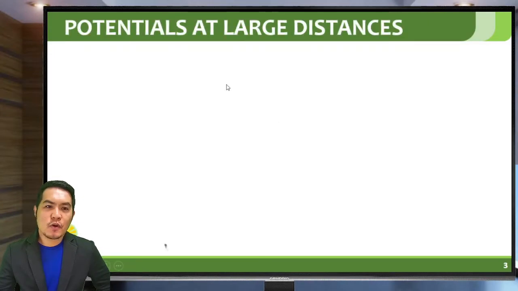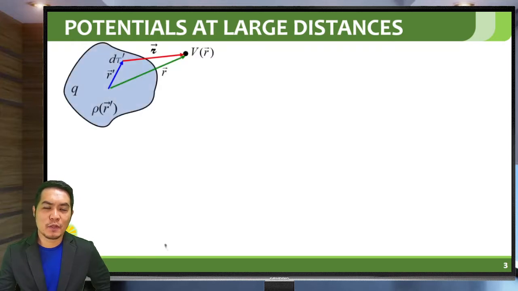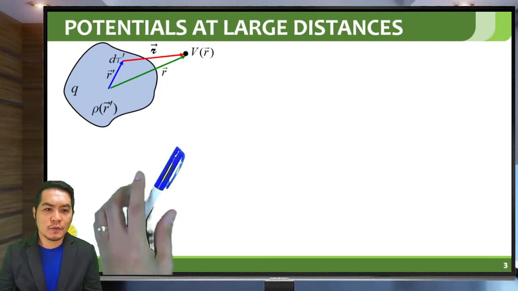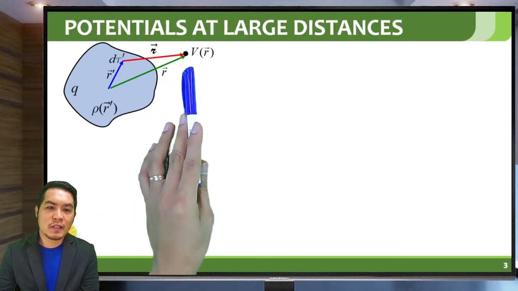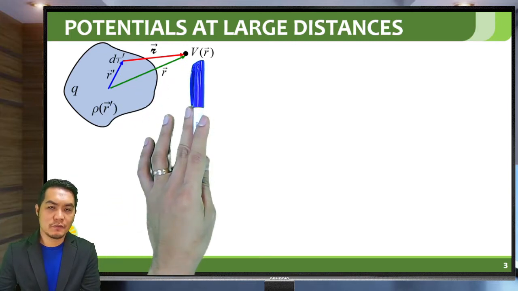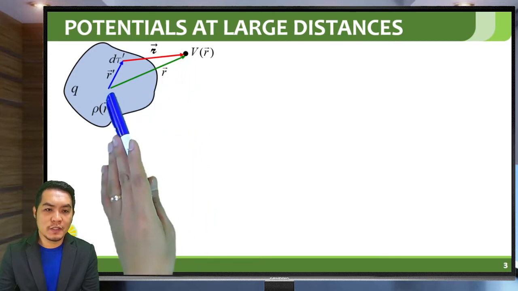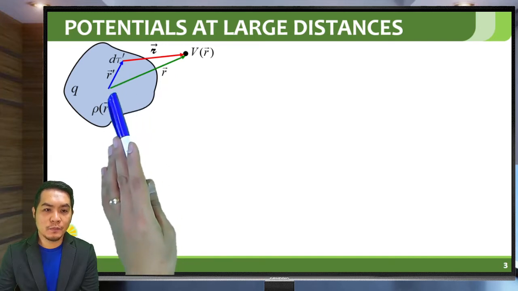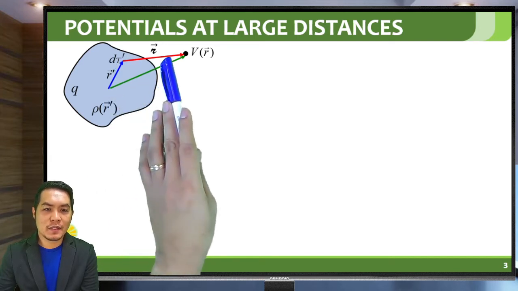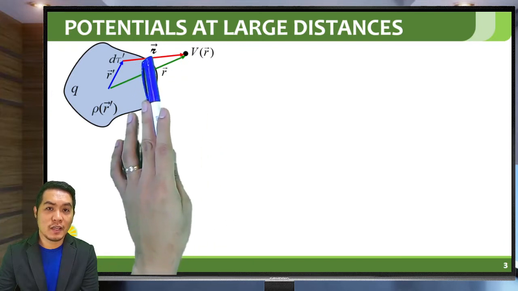So how do you approximate the potential at very large distances? For example, you are given a charge distribution here, rho, and a volume tau. So if you want to find the potential at point r, V of r, then you need the location of the point r with respect to some origin, the location of your source charges within the volume, r prime, and the separation distance, curly r.